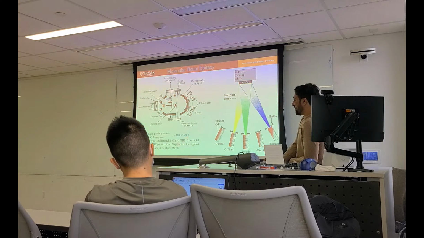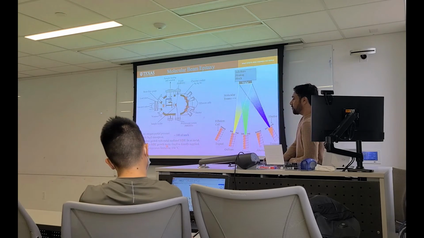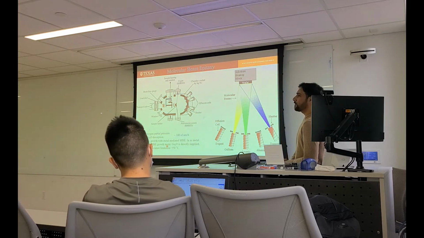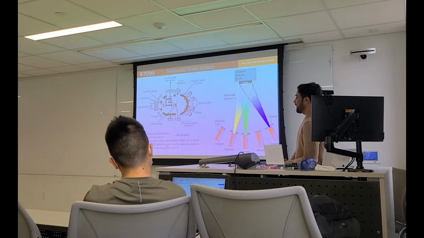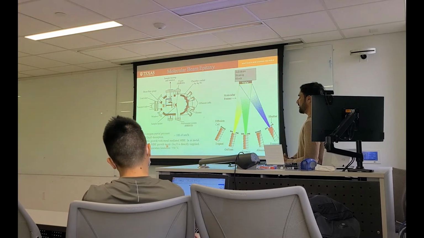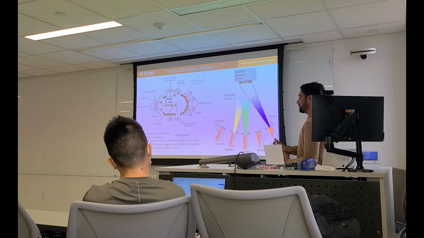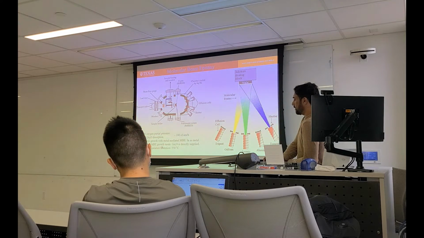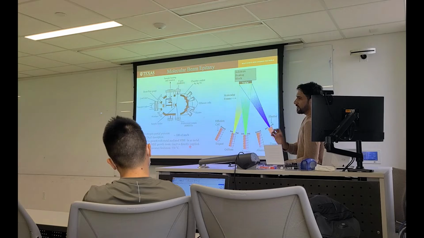Then they used the suboxide MBE growth mode. As I mentioned before, gallium oxide is grown in 2 steps: gallium is oxidized to Ga2O, and then Ga2O is oxidized to gallium oxide. So Ga2O is a suboxide. What they did is directly supply Ga2O.